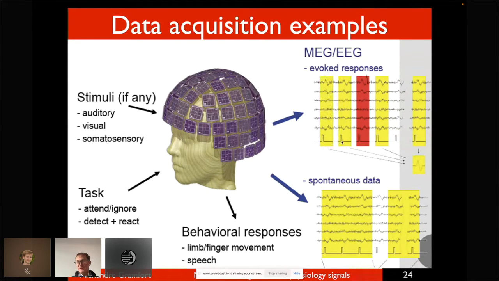What is illustrated here is an epoch which has an artifact. You see that one sensor has a big deflection, and this suggests that this epoch can maybe be thrown away because it contains an artifact.